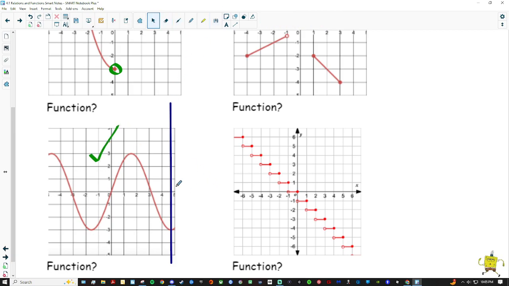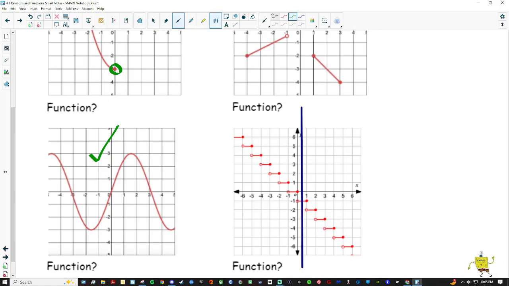And last but not least, here's a step function. It looks crazy, but no matter where I put my line on here, I'm only ever hitting once. If I put it where there's 2 points, one's a hole, one's a full point, that counts as 1 hit. That counts as only 1 hit. That counts as only 1 hit, because remember, a point, this counts.